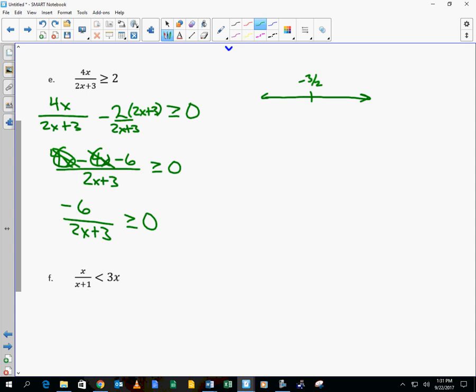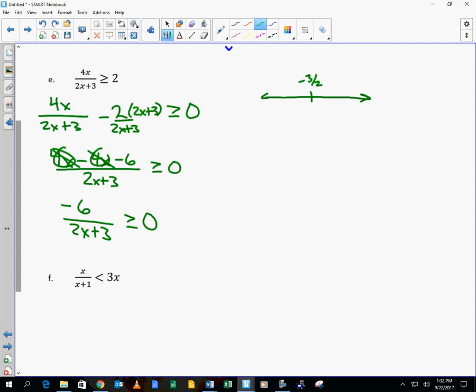Our final answer, Jessica, could never look like this. It could never look like that. But it sure as heck can look like this, because that's where the denominator would equal 0. Okay? All right? So, here we go.